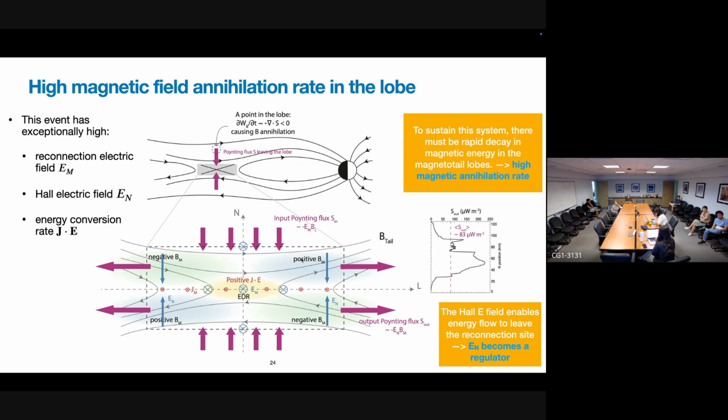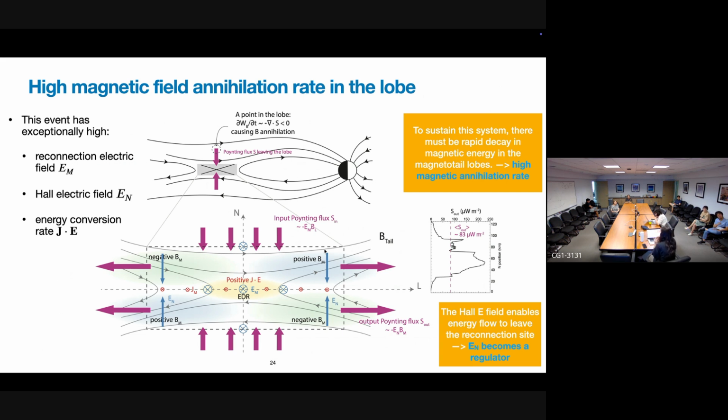And locally, there are also interesting aspects for events like this. We often see much higher Hall electric field in tail events, and we're confused about why in the tail events we often develop a stronger electric field in the normal direction. A possible explanation is that since we have so much energy coming in, we need a way to get it out of this region.